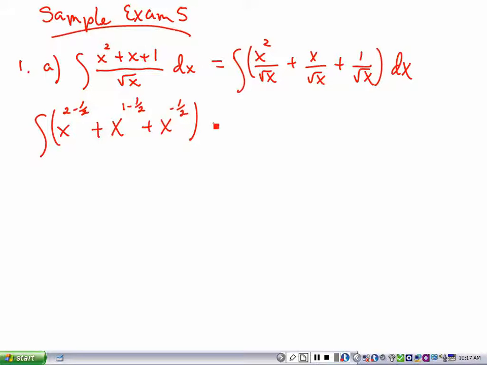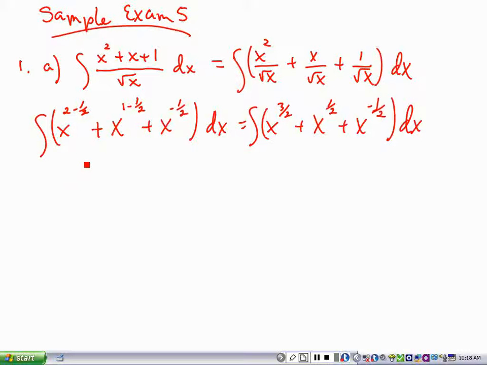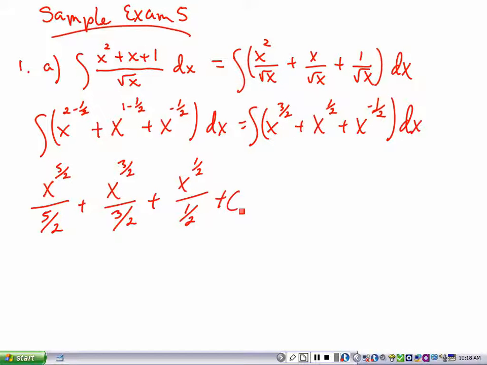So this is now the integral of x to the 3 halves plus x to the 1 half plus x to the negative 1 half dx. So we get x to the 5 halves divided by 5 halves plus x to the 3 halves divided by 3 halves plus x to the 1 half divided by 1 half plus c.